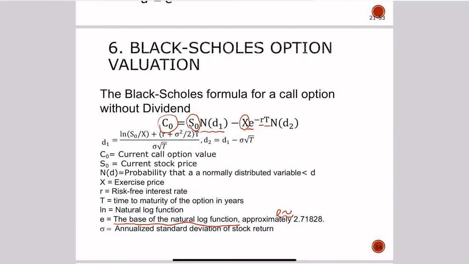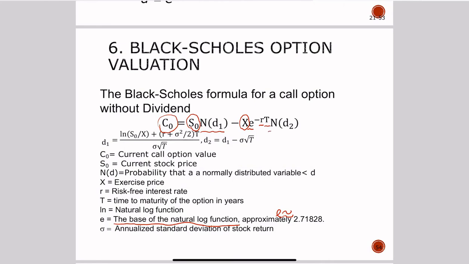T here is the time to expiration, measured in years. So if it's 1 year, you should write T equals 1. If 2 years, T equals 2. If 6 months, then T equals 0.5.